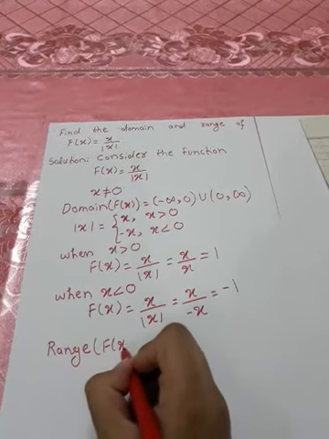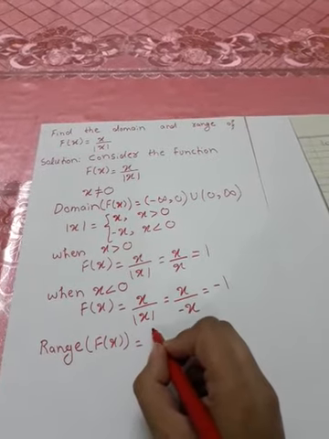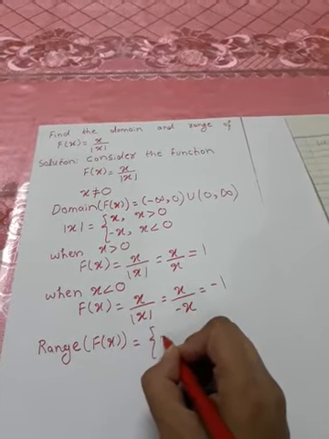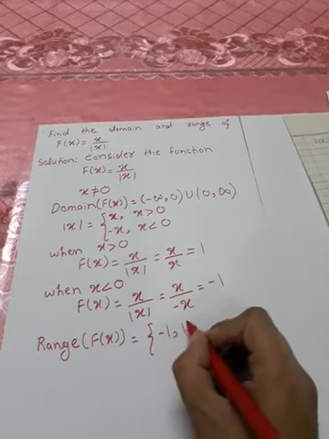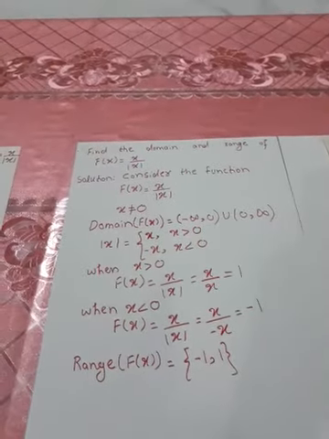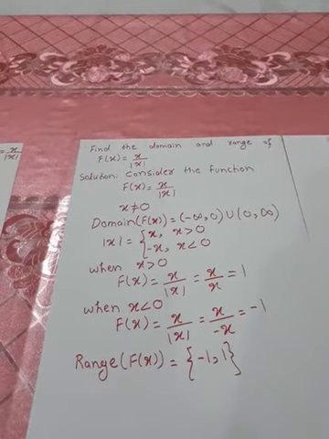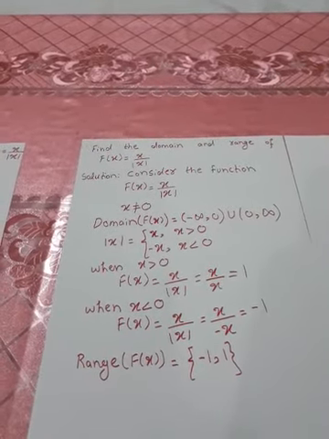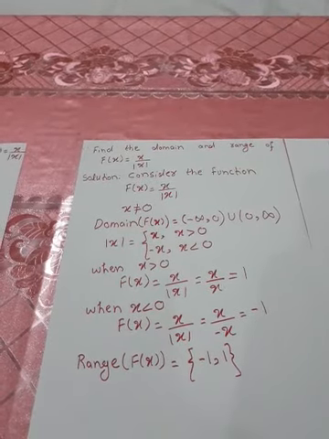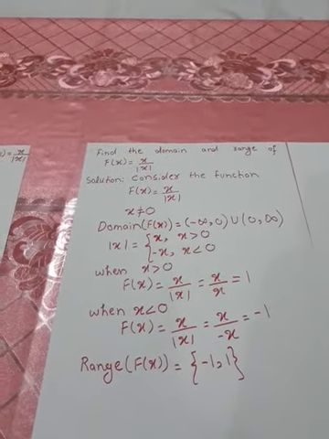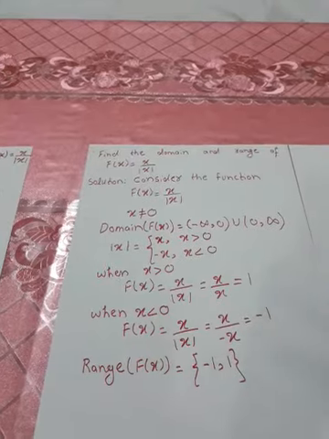So range of f of x equals the set that contains two elements, minus 1 and 1. Since the range contains only two elements, I can express it in set notation, and I cannot express it in interval notation because it contains only 2 points.